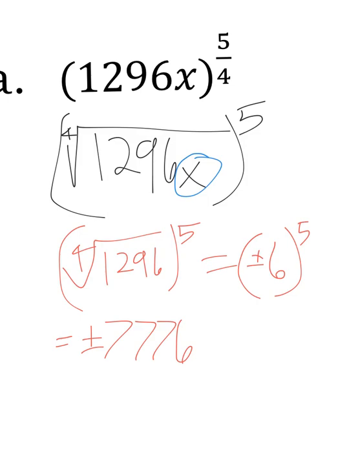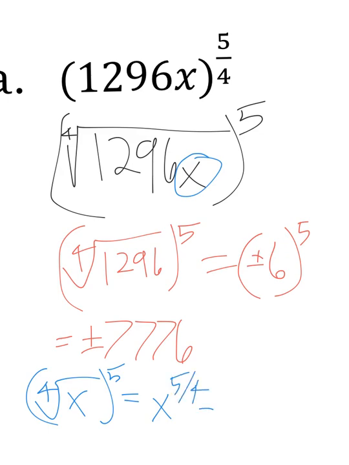Okay? Now, let's talk about the x. So the x, you have the 4th root of x, raising that to the 5th power. Well, that looks kind of weird, and it might be easier to understand if you just rewrote it as x to the 5/4 power. Because x to the 5/4 power means 5 divided by 4 is 1.25. So if you think about it like with money, I have $1.25. So I have 4 over 4 plus 1 over 4.